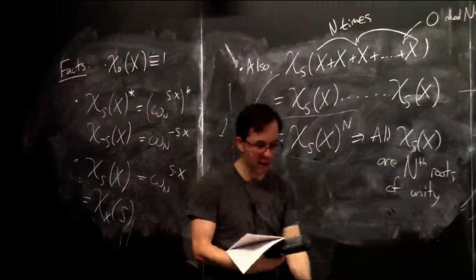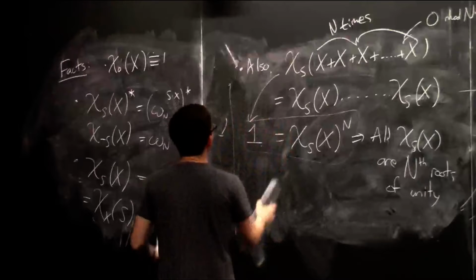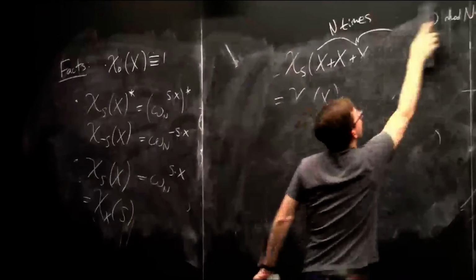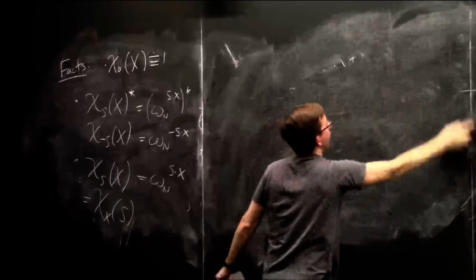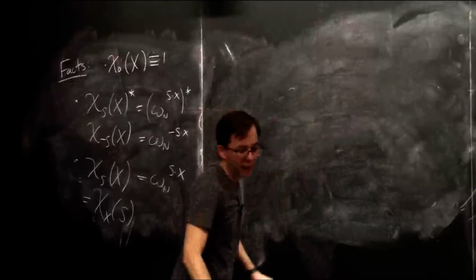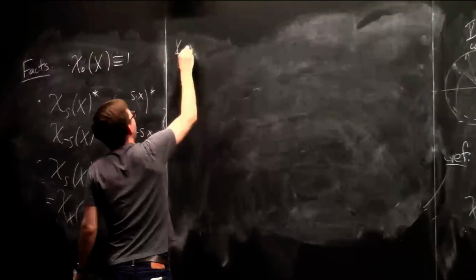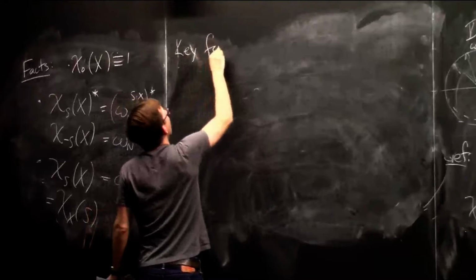And now I come to the key fact. The whole raison d'etre of these functions is that they're orthonormal. Or if you stack them into vectors, these vectors are orthonormal.